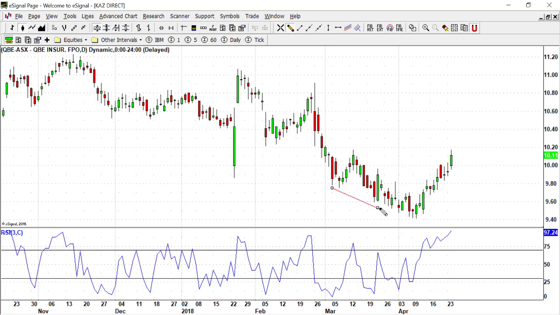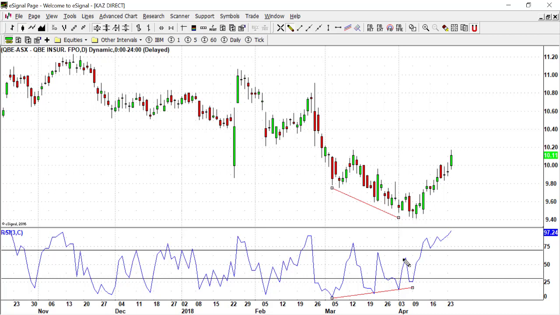But if you have a look inside the March price action, the price was going down all the way from $9.80 to $9.40, but the indicator was climbing and climbing and climbing. And as you can see from there, the market eventually snapped to the upside because as the price was going down, bullish divergence was clearly evident.